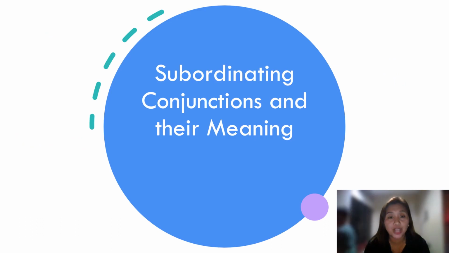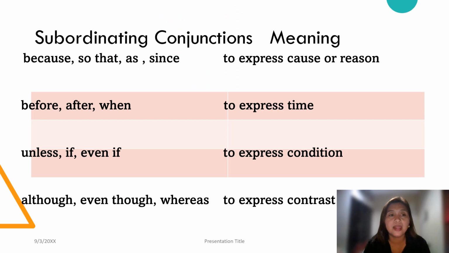In this particular lesson, let us first understand the subordinating conjunctions as well as their meanings so that you will understand how to create a dependent clause as well as an independent clause. Now, subordinating conjunctions like because, so that, as, since, when, when are you going to use them? You use these conjunctions when you're going to express cause or reason.